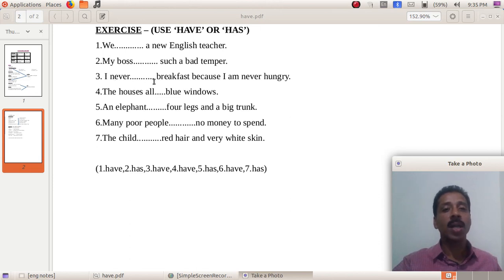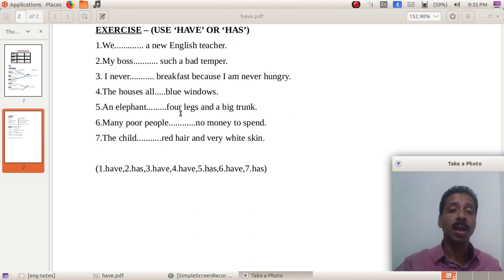I never dash breakfast because I am never hungry. With I, have, and if it is he, has. Okay, the houses all dash blue windows. The houses, as it is plural, so have is to be used. The houses all have blue windows. An elephant dash four legs and a big trunk. An elephant, third person singular, so has.